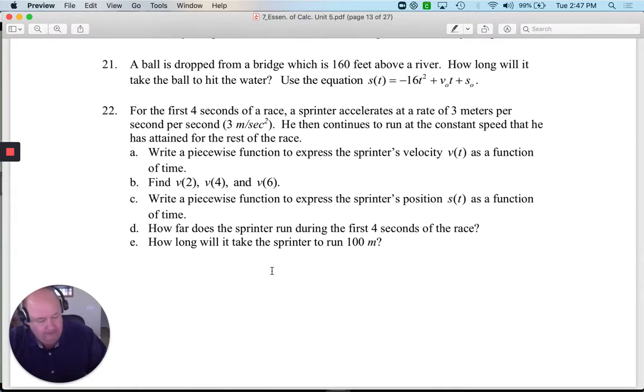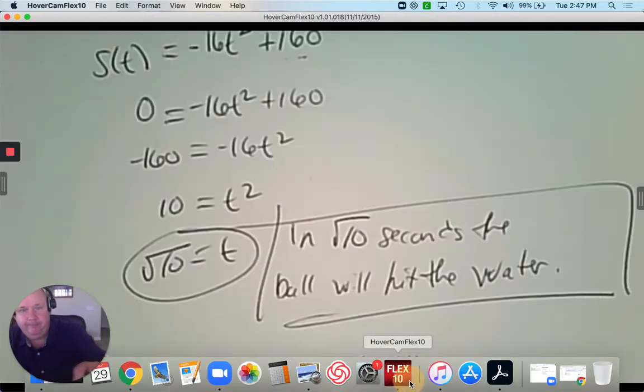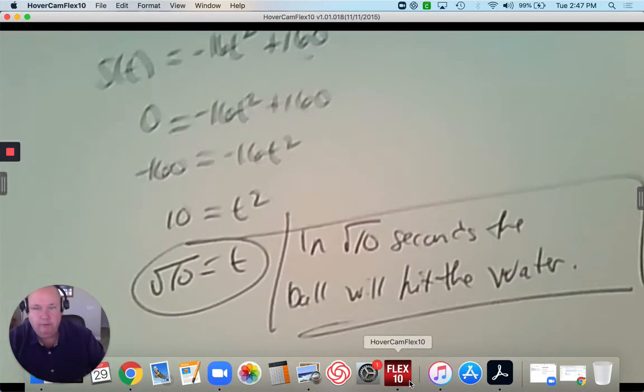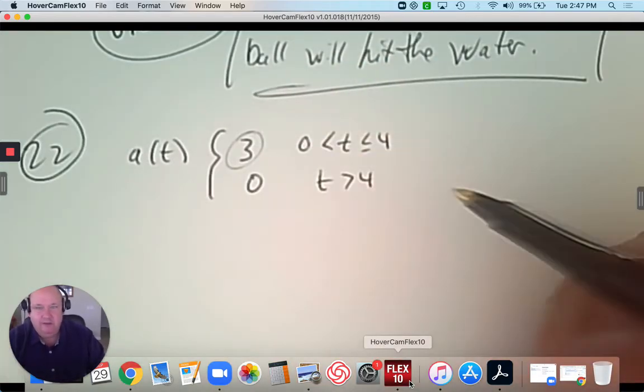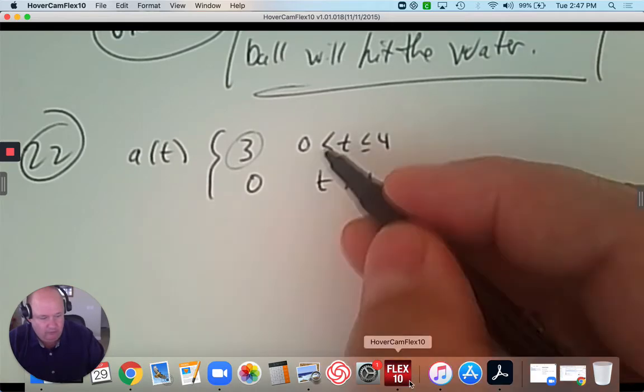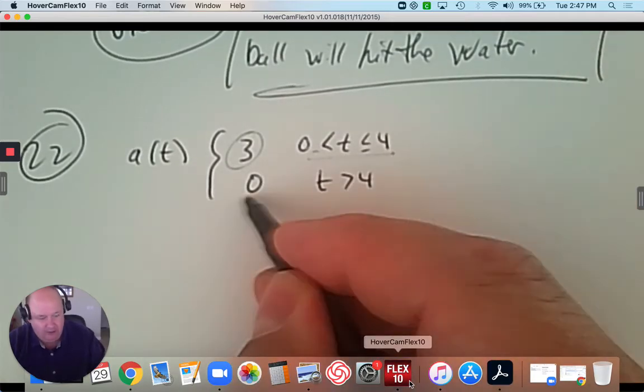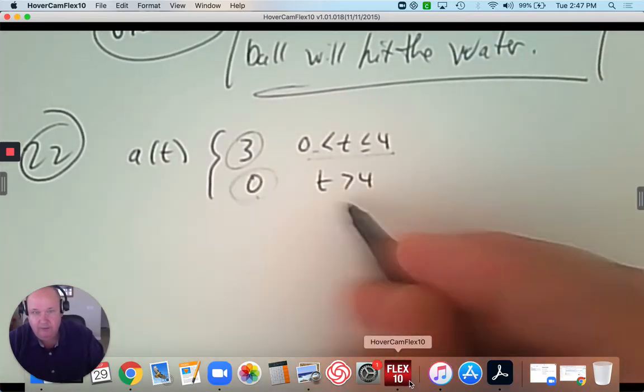So the acceleration is 3 for the first 4 seconds, and then constant, which means 0 after that.